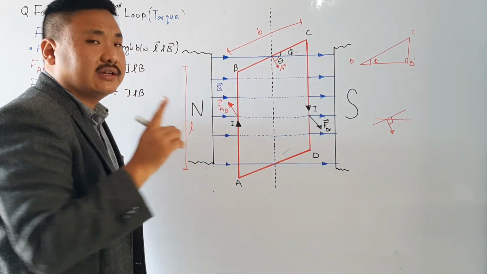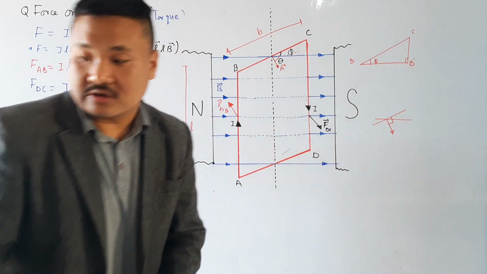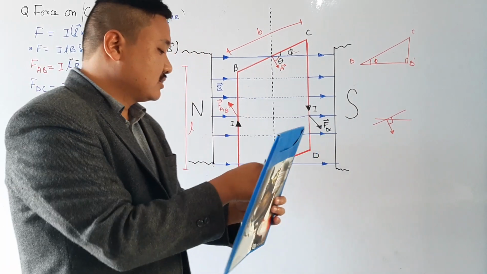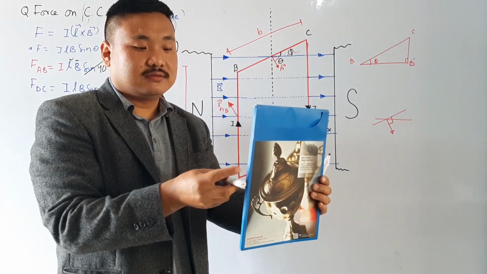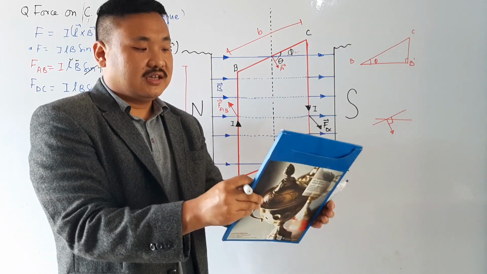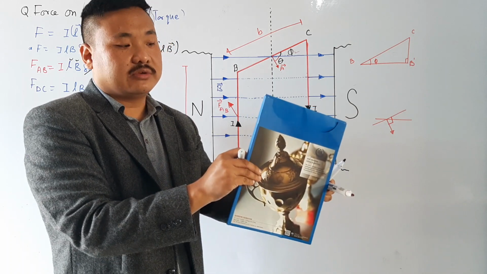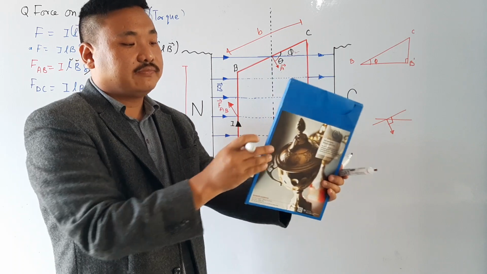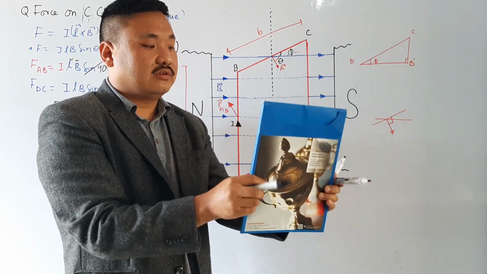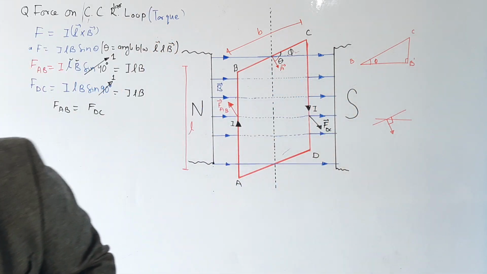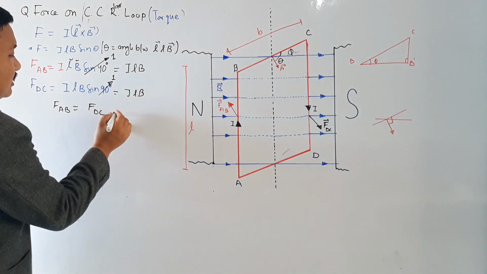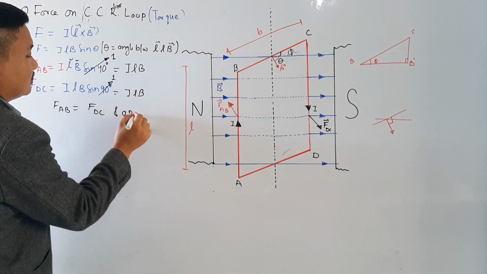Now tell me, are they opposite? Yes. From this, the force is going inside like this. Okay? And from here, the force is coming outward. Force going inside, from there coming out. So forces are equal and opposite. Okay?